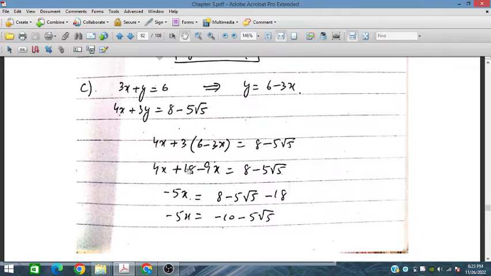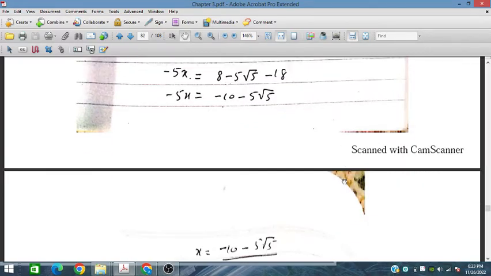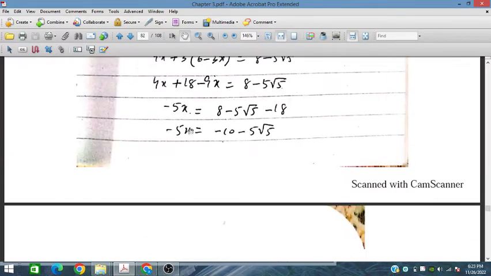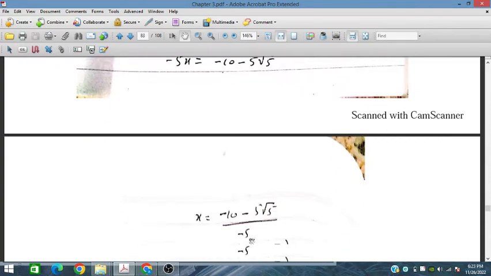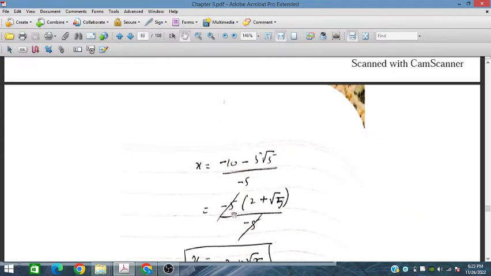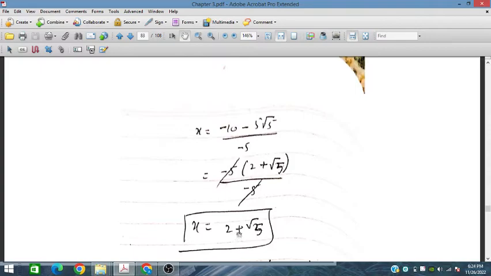So this is 18 minus 9x, this is minus 5x. 18 may be shifted to the right, so 8 minus 5 under root 2 minus 18, equals minus 10 minus 5 under root 2. Taking minus 5 common, x is equal to (10 plus 5 under root 2) divided by 5, so after cancellation, 2 plus under root 2 is the x value.